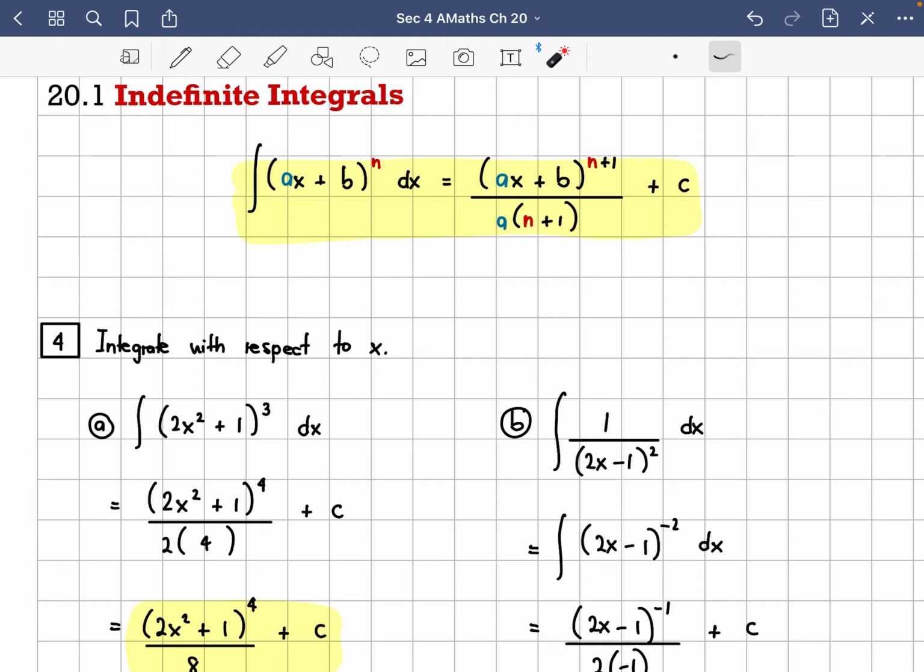It's a different story, but it's not very far from the first thing that we have studied. So we have it here. The antiderivative of ax plus b raised to n is equal to the same expression over n plus 1. But instead of just writing n plus 1, you need to consider the coefficient of x, which is a. So it becomes a times n plus 1, or whatever your index is, you multiply it with the coefficient of x.